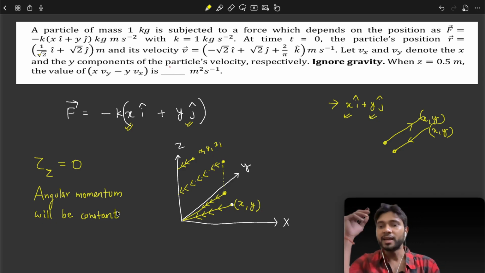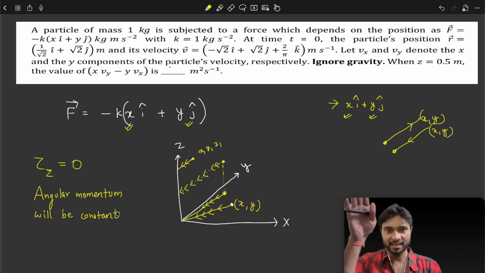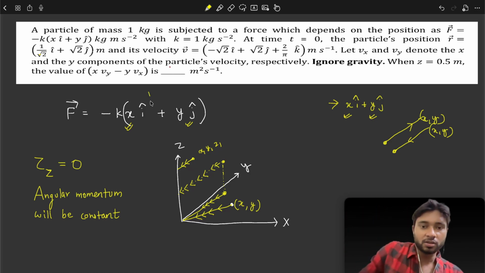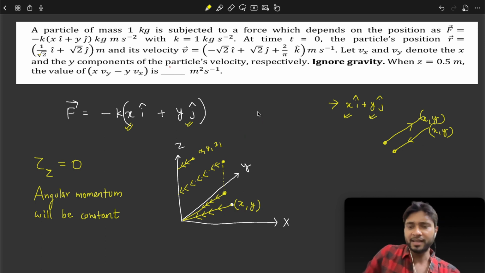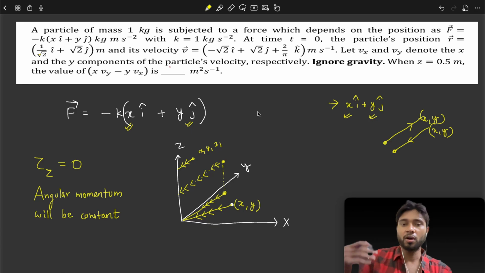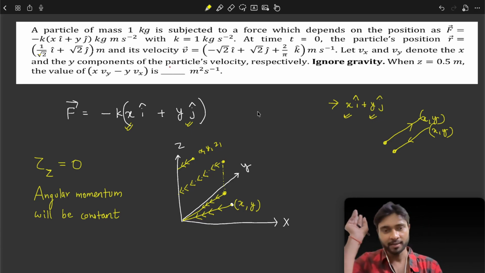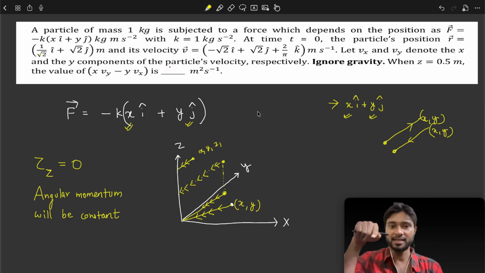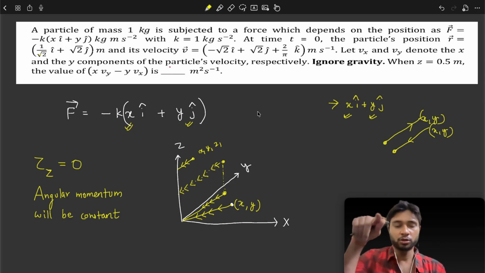It means irrespective of time, angular momentum along the z axis should remain constant. Whether the time is t equal to 0 or t equal to pi by 4 or t equal to infinity, it doesn't matter. Since force is always passing through the z axis, angular momentum should remain constant.